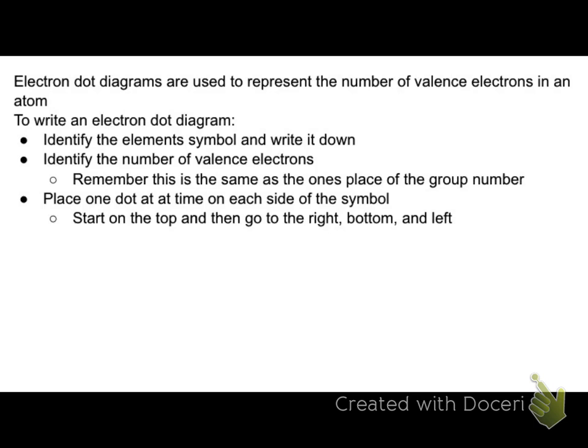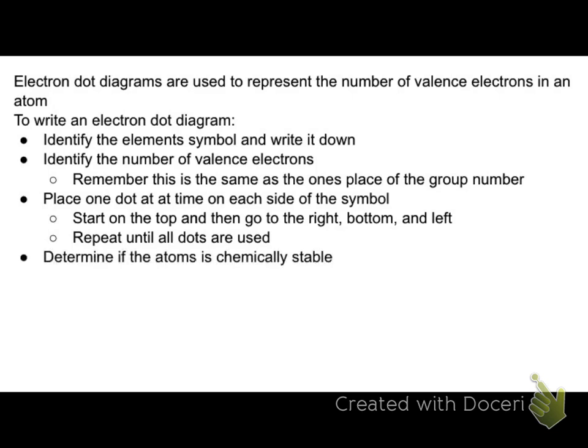So if you start on the top, you'll go to the right, bottom, and then the left. As long as you're putting them one at a time, the direction you go is not super important. Then you're going to repeat until you've used the correct number of dots. Remember, this matches up with your number of valence electrons.